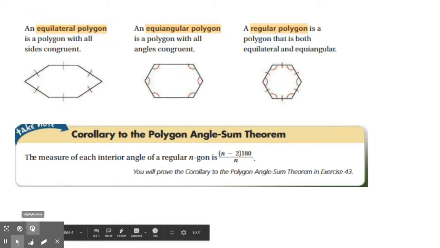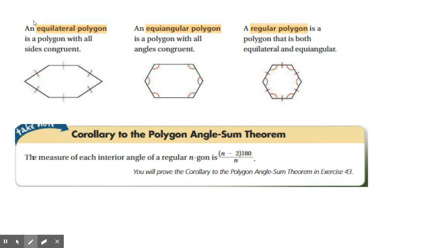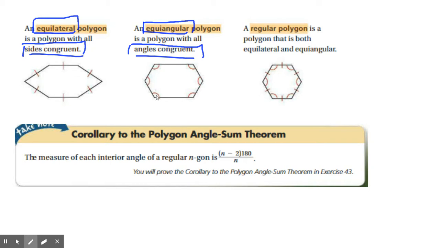Now let's talk about some different classifications of polygons. Equilateral means that all of your sides are congruent. Notice in this equilateral hexagon, all the sides are congruent. Equiangular means all the angles are congruent. Notice all the angles of this hexagon are congruent.